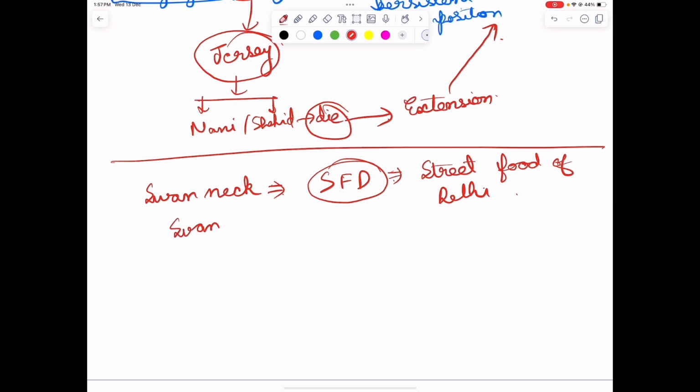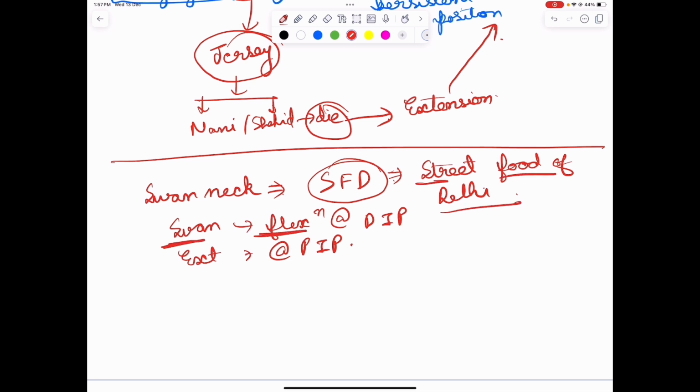Swan neck is flexion occurring at the distal interphalangeal joint, whereas extension happens at the proximal interphalangeal joint. So what we have to remember is that street food of Delhi shows swan neck, flexion, distal interphalangeal joint. And once you remember this, you can always recall that extension would be occurring at the proximal interphalangeal joint. Trust me, this becomes very confusing in the exam, and you end up marking the wrong answer.